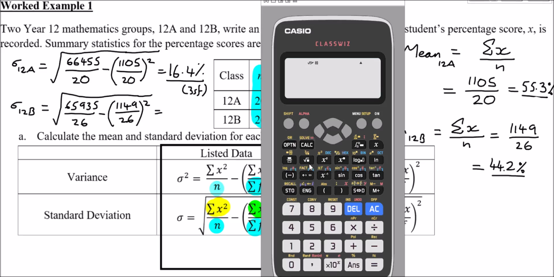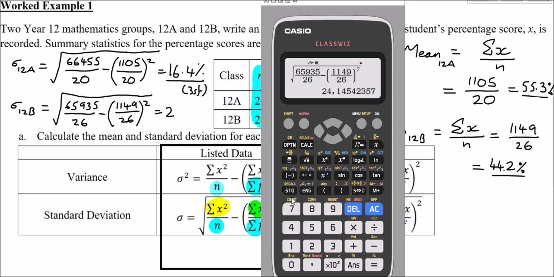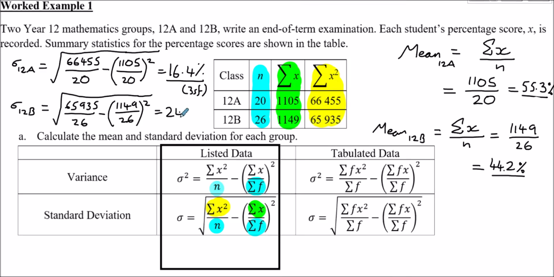So square root of 65935 over 26 minus 1149 over 26 all squared. And that gives us 24.1%. 24.1%, yes. And that again is to 3 sig figs.